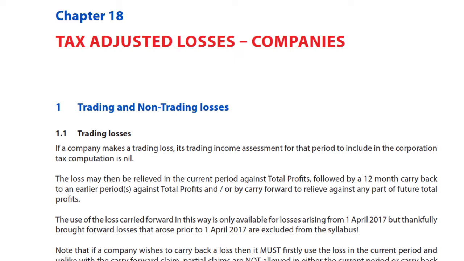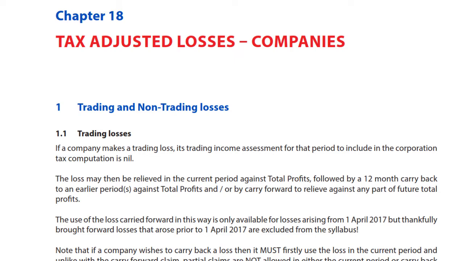But if you want to carry it back, then you must firstly use it in the current period. In both years, when you apply these losses, they'll go, as we'll see in the notes, against total profits. So in income tax, it was against total income. In corporation tax, the relief is offset against total profits. But it must be in a strict order.